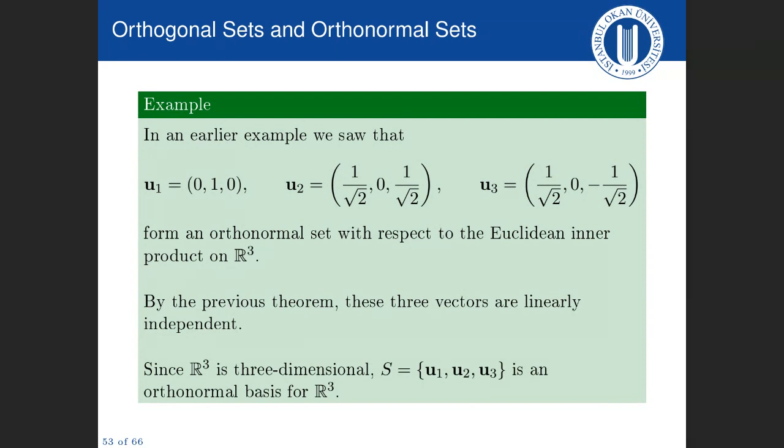But R3 is three-dimensional. That means every basis for R3 must contain 3 vectors. Every set of 3 linearly independent vectors in R3 is a basis for R3. So that means this set of U1, U2, and U3 is an orthonormal basis for R3.